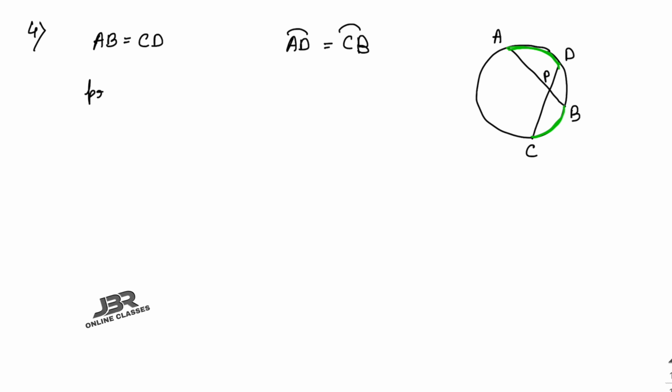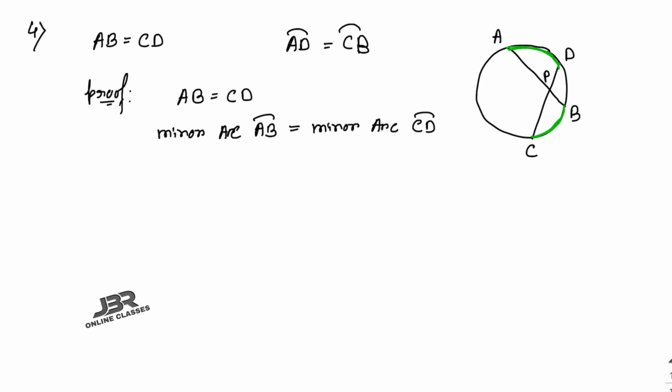Now the proof. As AB is equal to CD, the minor arc AB is equal to the minor arc CD.